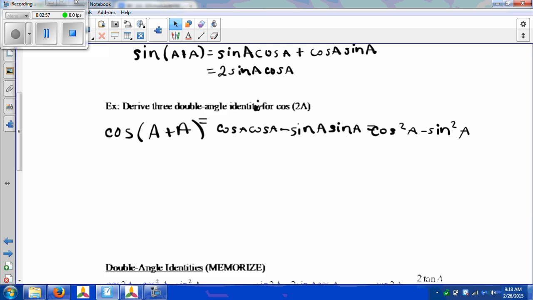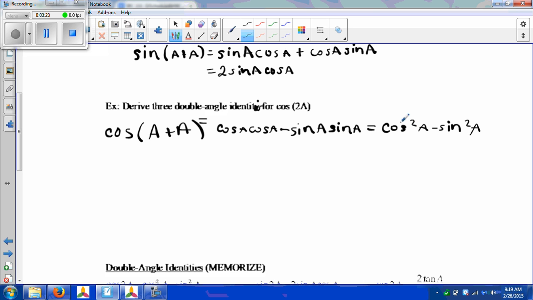Now, if we were going to use the trigonometric identities, we could replace cosine squared with something, or we could replace sine squared with something. So that's going to give us our other 2 trigonometric identities for the cosine of 2a.